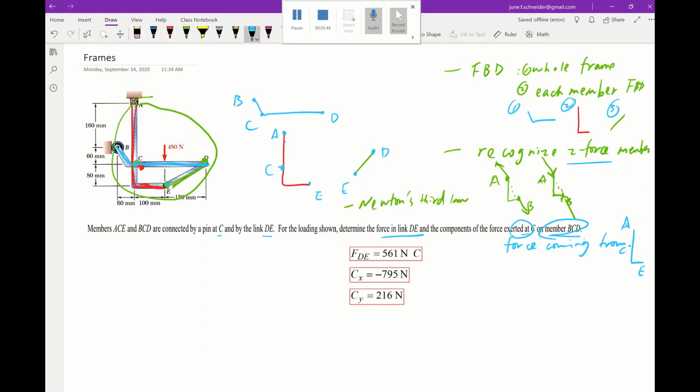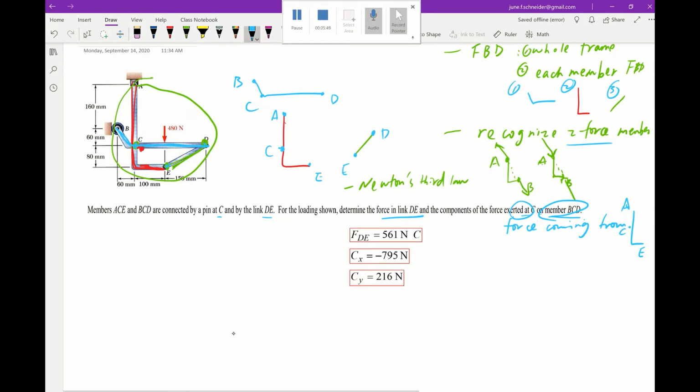Then we know DE, if we were to look at the FBD of DE, I don't know what number, let's just leave it alone. So if I have DE here, then when we draw the force, if I consider D being compressed, they are going to be connecting D to E on that line and compressing DE.